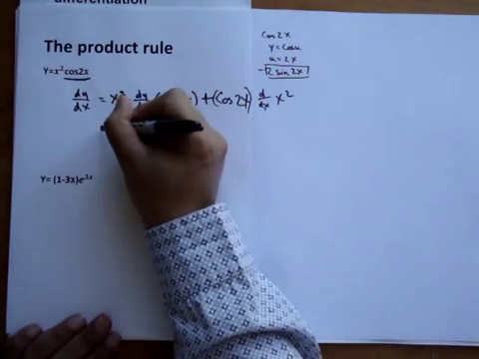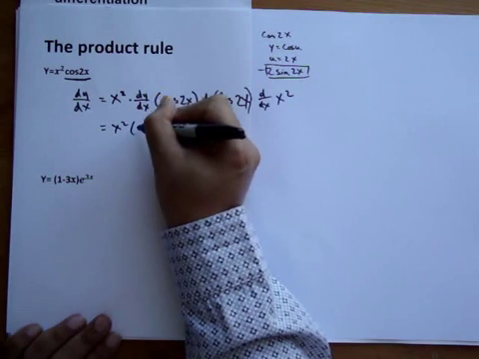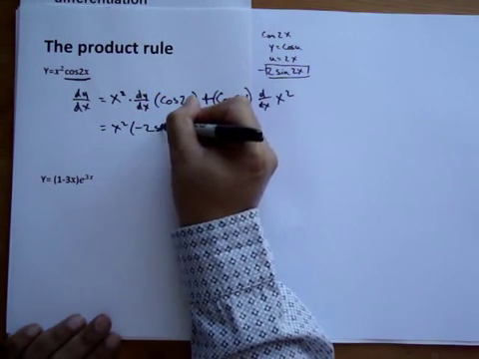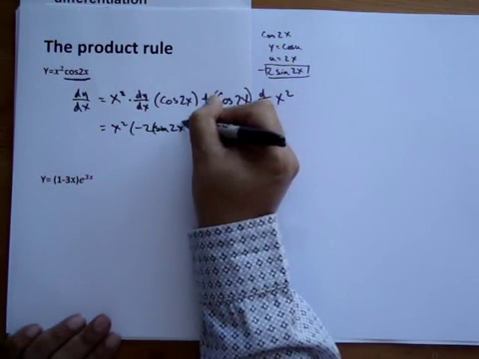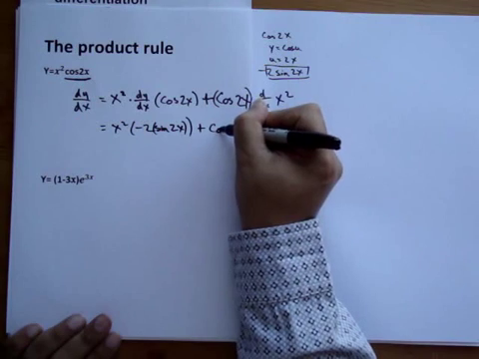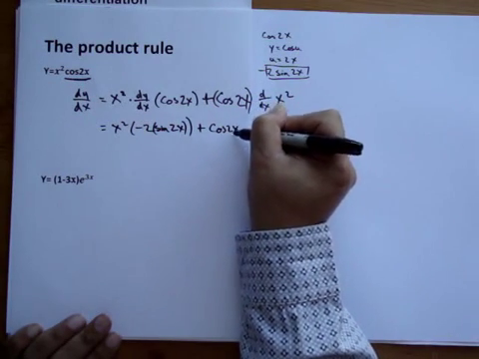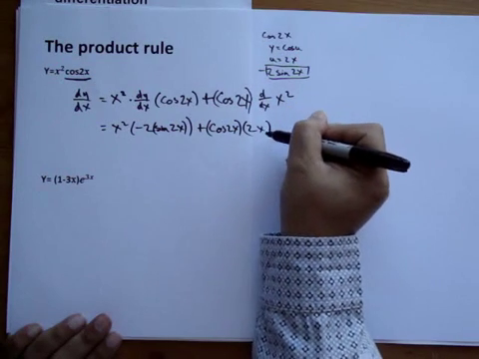So let's put that back in here. So that becomes x squared times minus 2 sine 2x, plus cos 2x multiplied by 2x.